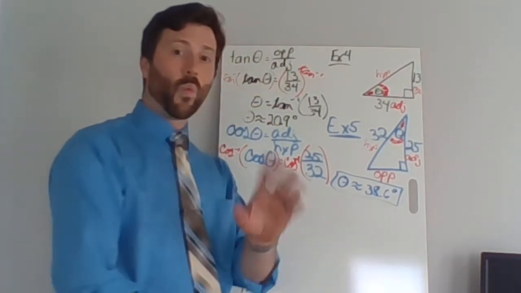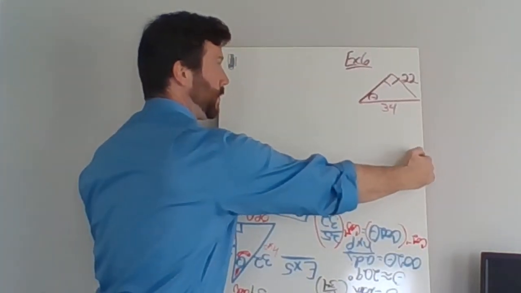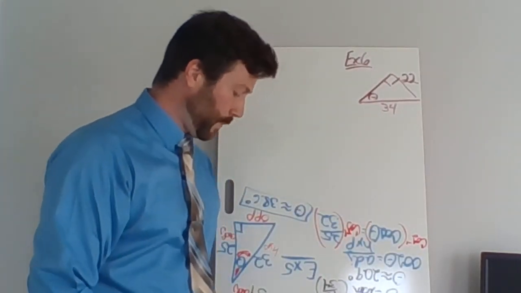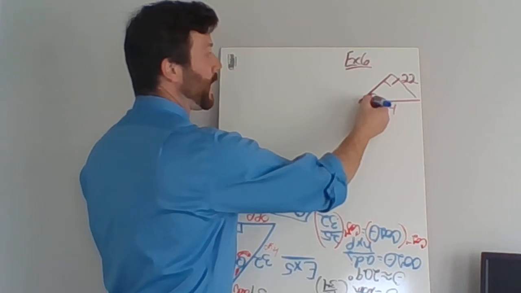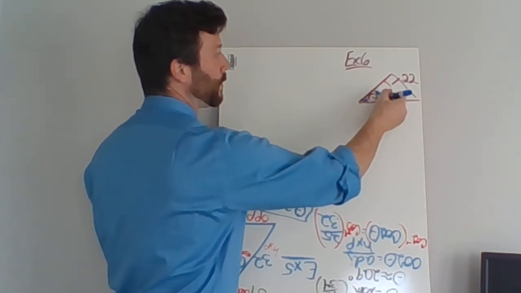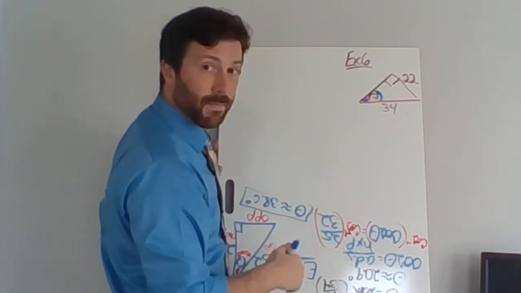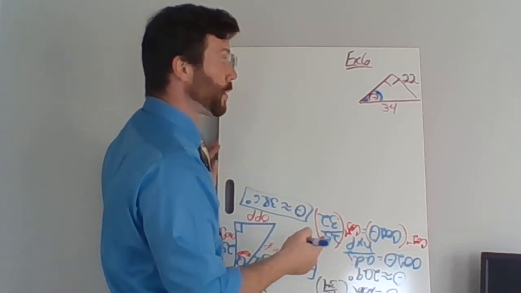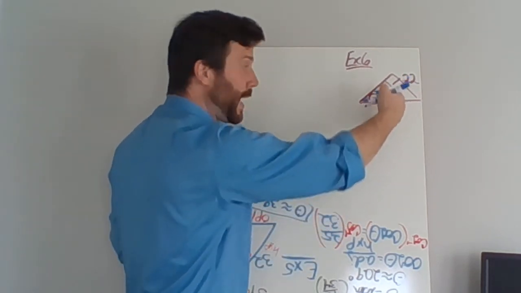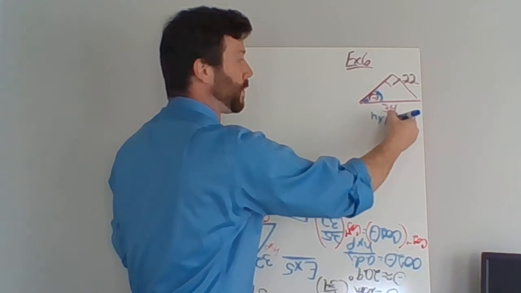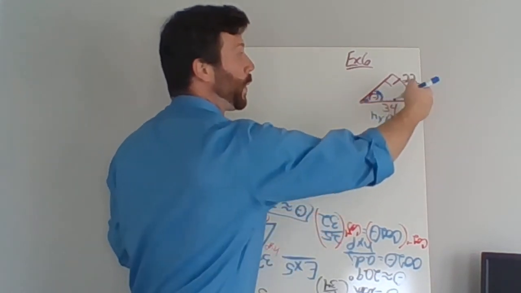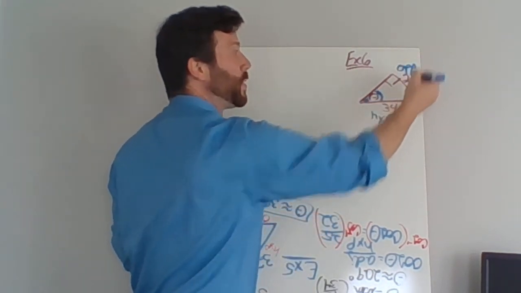Now let's just do one more. On this triangle, we're given this angle here and these two sides. So we need to figure out which trig ratio to use. First off, opposite the right angle is the hypotenuse. Opposite the angle that we're given is opposite.